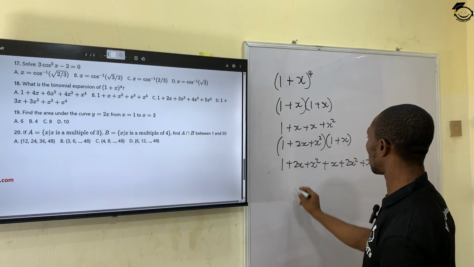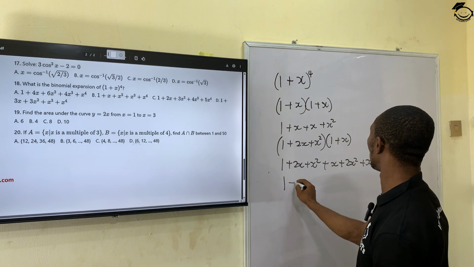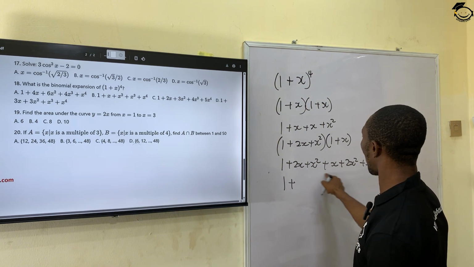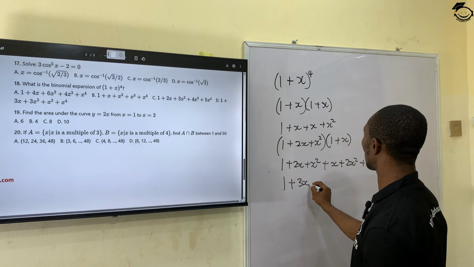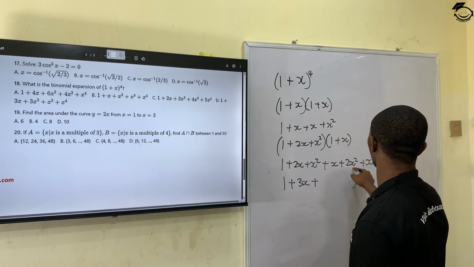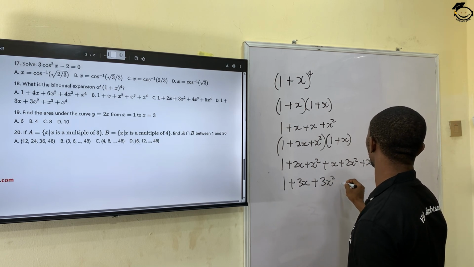Now collecting our like terms, this becomes 1 plus x plus 2x, which gives 3x, plus 3x squared plus x cubed.